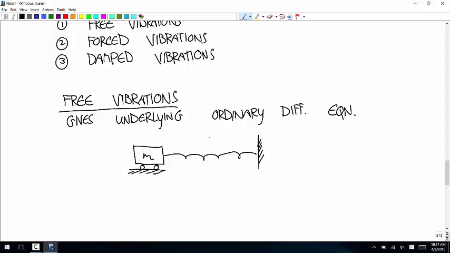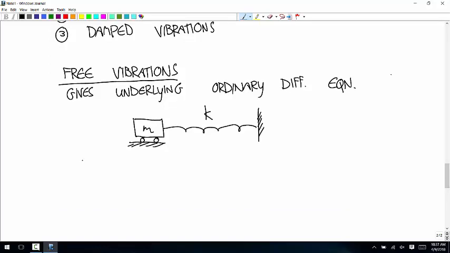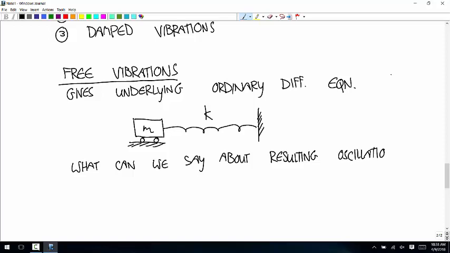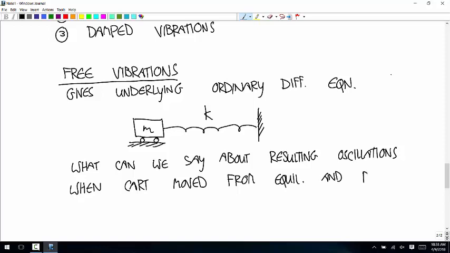And the cart has a mass m and the spring has a constant k. So what can we say about the resulting oscillations when the cart is moved somewhere away from equilibrium and released? So that's what we're trying to figure out.